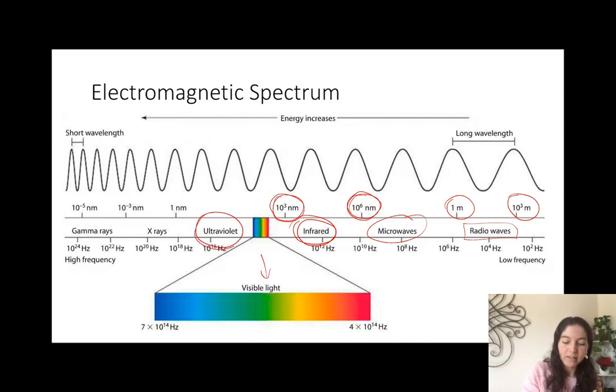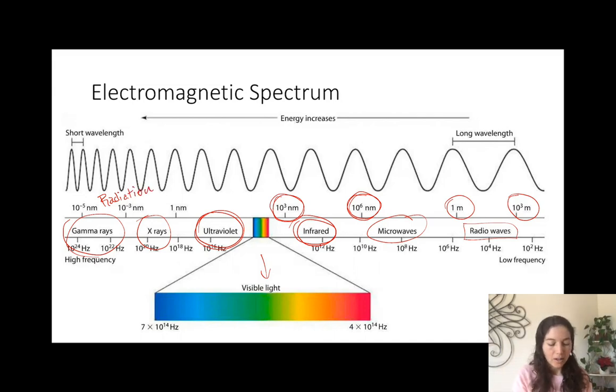Then we have UV lights. This is the stuff that's responsible for tanning when you go out and it burns your skin. Then we get higher energy, such as X-rays. When you get X-rayed at the doctor, they use this type of electromagnetic energy. And then we have gamma rays, which is what we typically call radiation. Technically, these are all radiation, but this is what we think about when we think about harmful radiation.